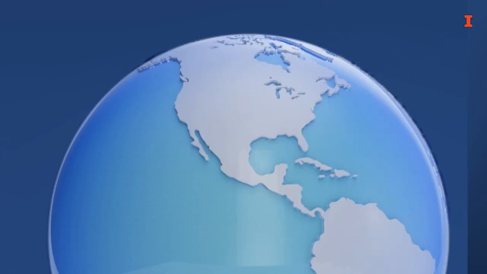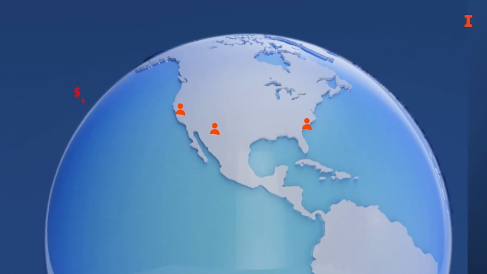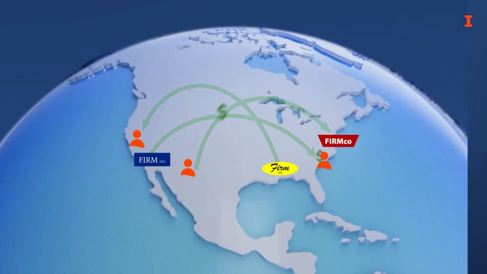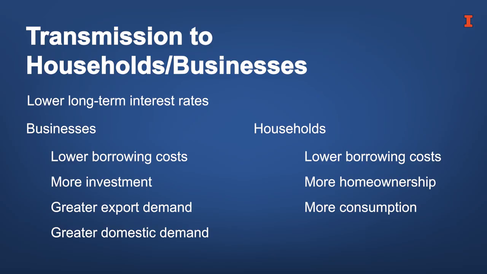At the same time, imported goods become more expensive, giving US consumers and firms an incentive to purchase domestically produced goods. Let's put all these pieces together. We have effects for businesses and effects for households. Longer-term interest rate changes also affect stock prices.